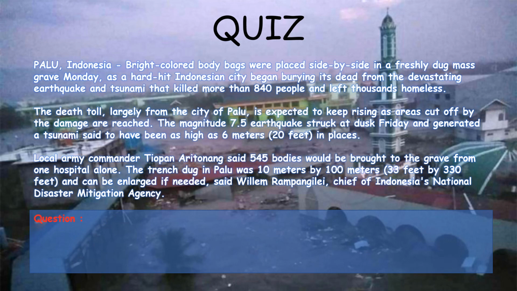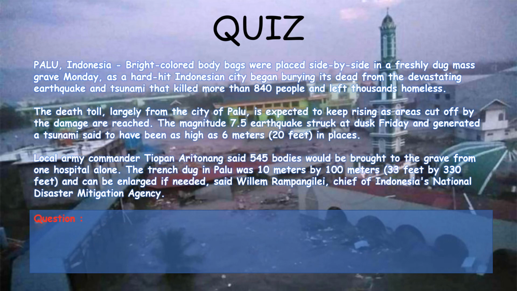Palu, Indonesia. Bright-colored body bags were placed side by side in a freshly dug mass grave Monday, as a hard-hit Indonesian city began burying its dead from the devastating earthquake and tsunami that killed more than 840 people and left thousands homeless.